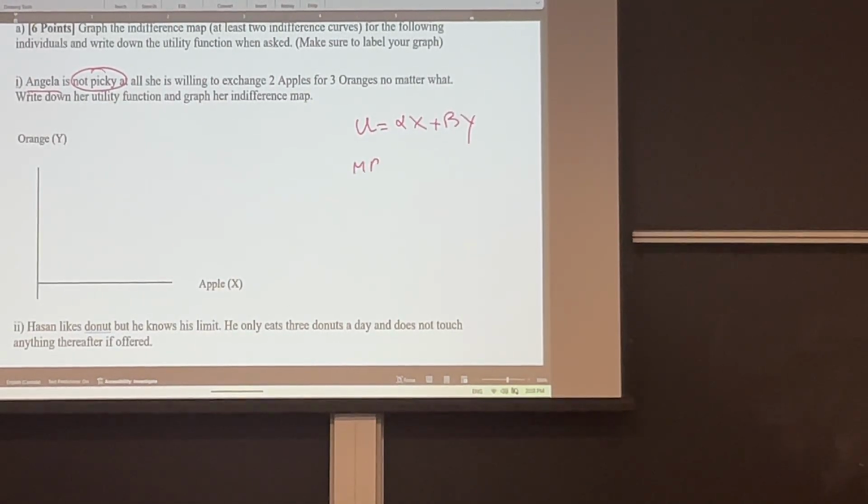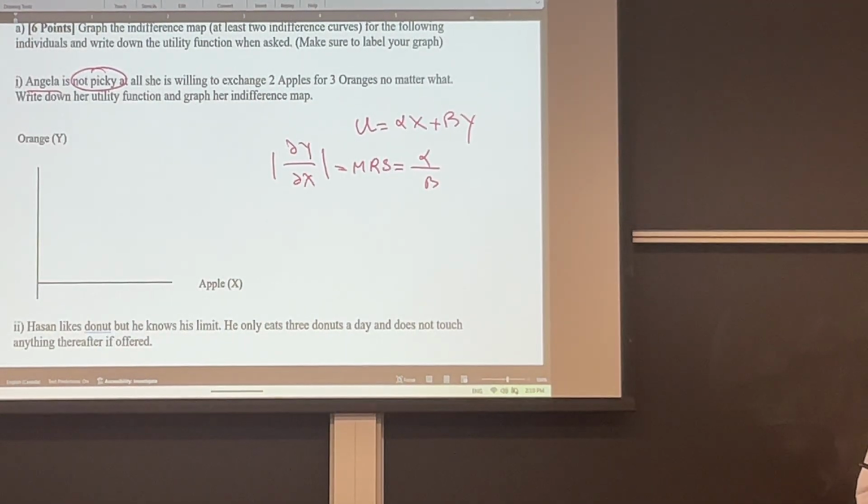The MRS, which is alpha divided by beta, is in fact the trade-off of y for x. So the question says the trade-off is 2 for 3. That's what it says, right? 2 for 3. So this should be 3.